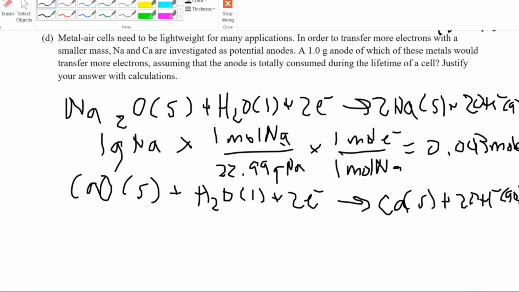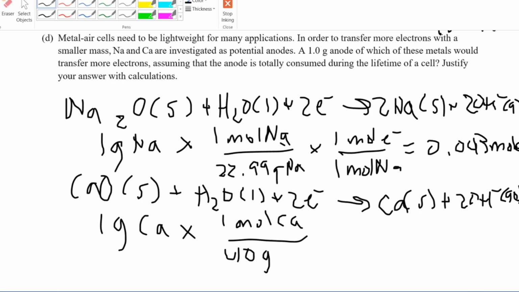Again, we'll consider we only have 1 gram of calcium, times, so we know that 1 mole of calcium is 40 grams of calcium.